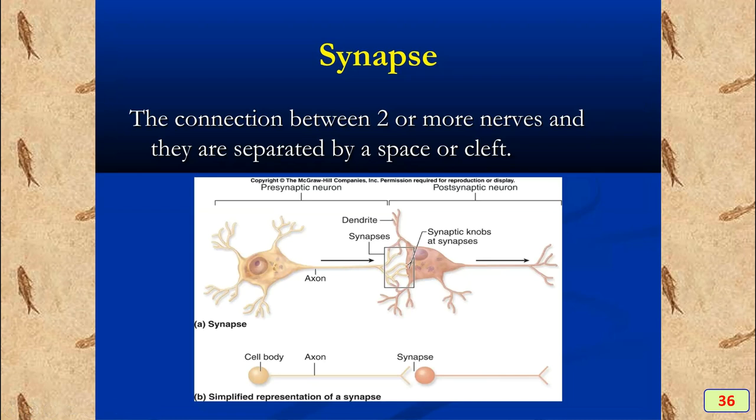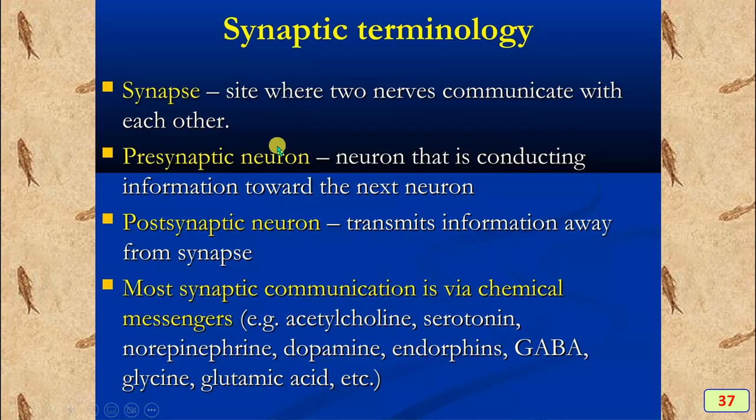A synapse is a junction either between two neurons or between a neuron and an effector cell, separated by a space or synaptic cleft. So a synapse means a site where two nerves communicate with each other.